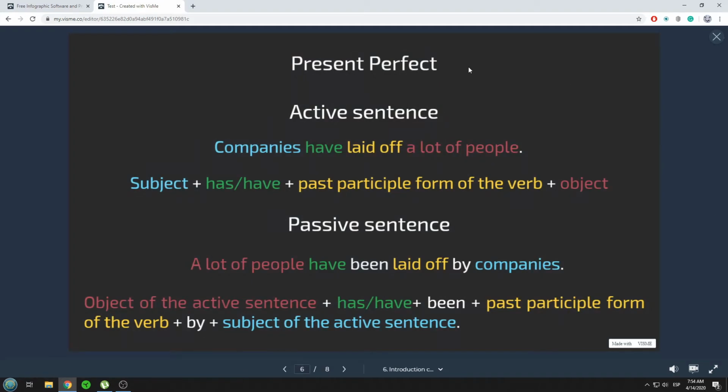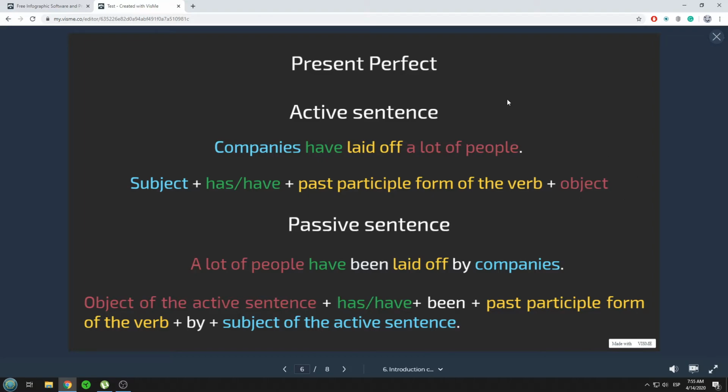Now, the present perfect is obviously different than the present continuous, and this is how we make a present perfect sentence. This is the active sentence. Companies have laid off a lot of people. Companies is the subject, have is the auxiliary, laid off is the verb in past participle, and then the object, a lot of people.